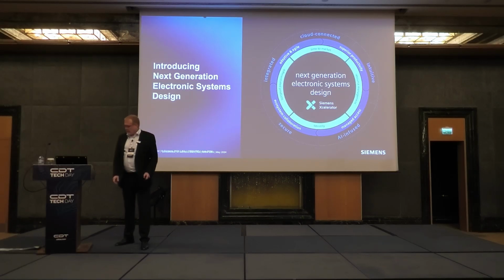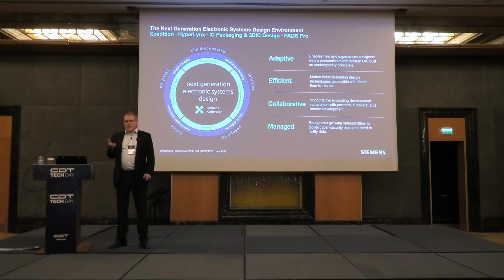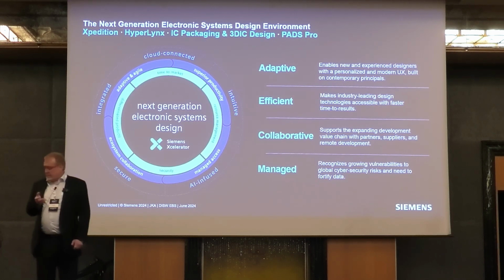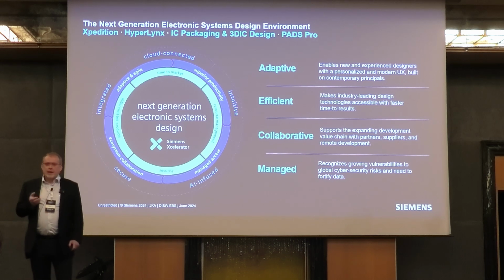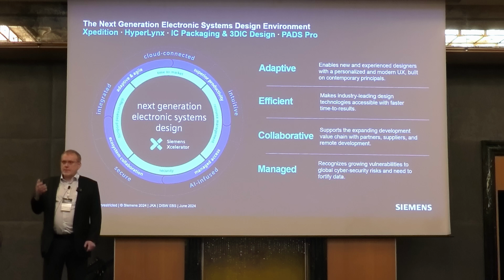customers. So when we talk about the next generation electronics design system, we pretty much talk about four properties that we are focusing on. The first one is the ability to be adaptive. Adaptive to the user's behavior. Not every user is working the same way. Everybody has their own style.